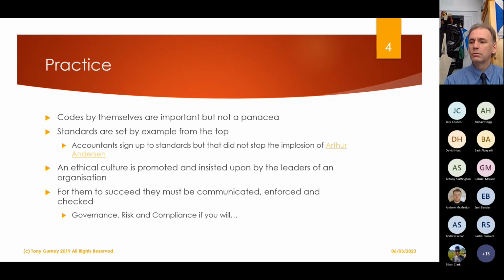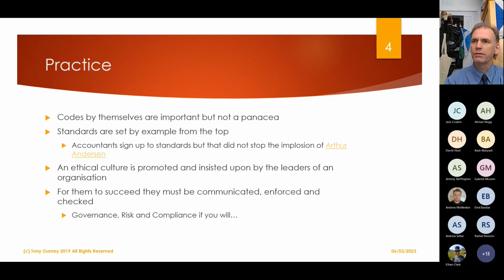So you decide what your code of conduct is. You decide how you're going to approach that. You set a course. Sounds like governance to me. You try and figure out where the code of conduct may or may not be helpful, where it may or may not be followed, and where you might have to look in order to check that it's not being breached.